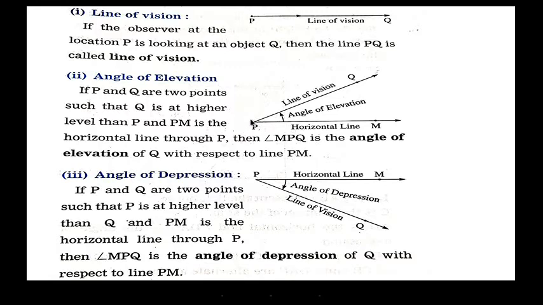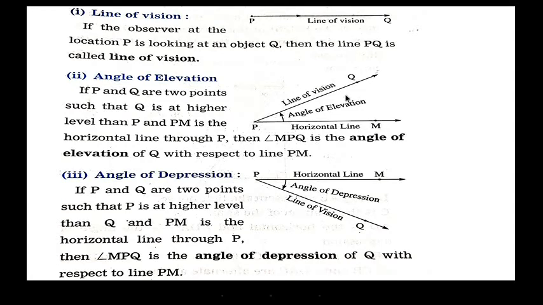Second, the angle of elevation. For example, if P and Q are two points such that the point Q is higher than the point P, that means an observer standing at the point P is looking at some object which is at a higher level than him or her. This line PQ is the line of vision, and PM is the horizontal line.